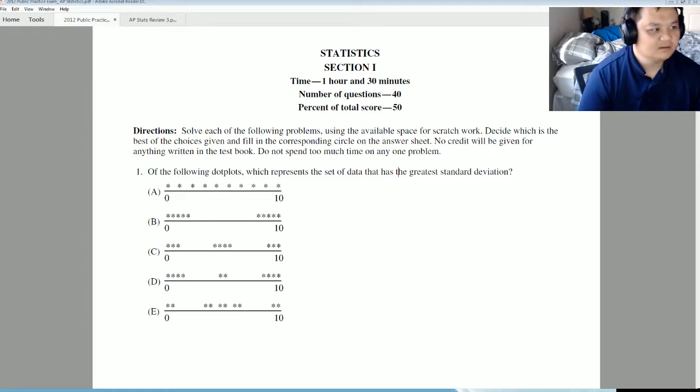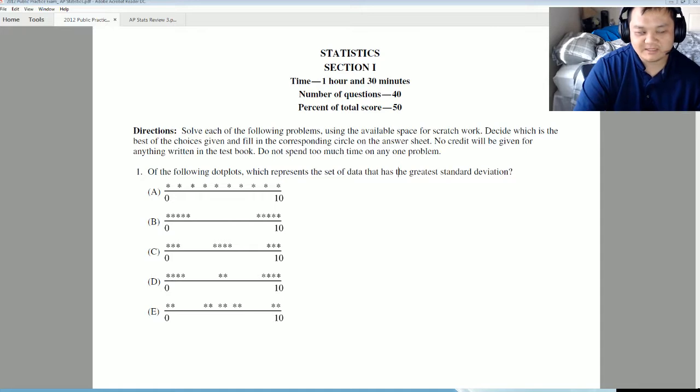But the graph is symmetric. Yes, but your answer of saying that the mean is around 5 and that it's far apart from 5, that's why you're saying it has the largest standard deviation. You're 80% there.